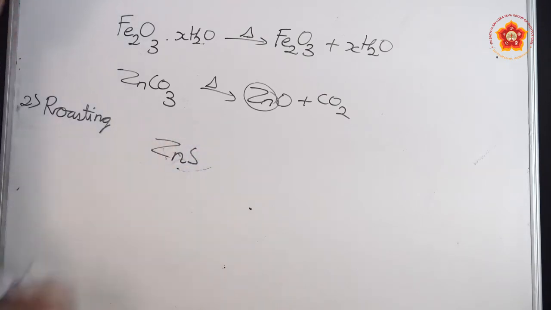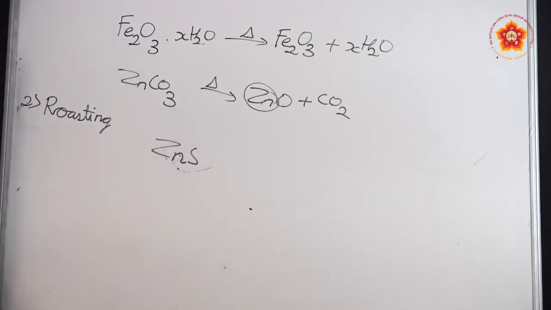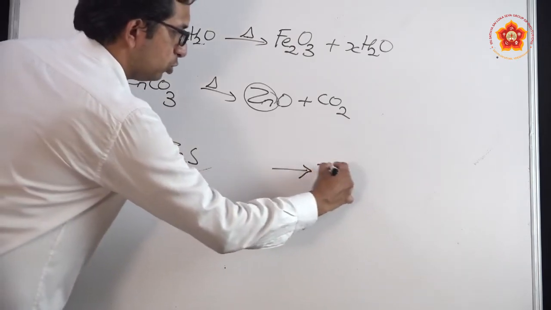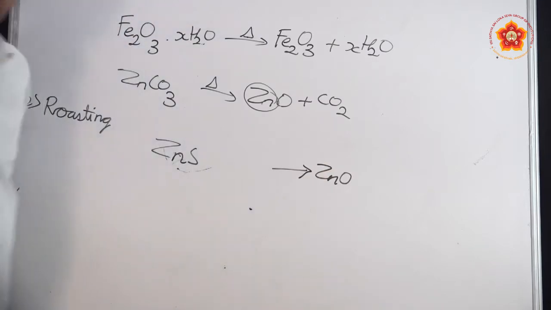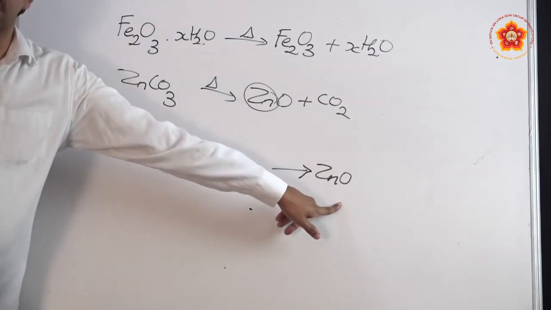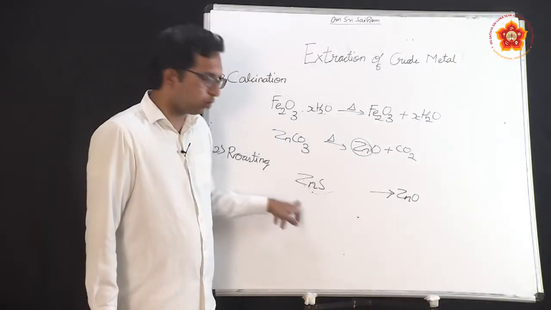Let me take another form of zinc, which is obtained as zinc sulphide. Now, if I want to convert this zinc sulphide into zinc oxide, naturally the sulphur has to be replaced by oxygen, and in this case there is no oxygen available in this compound.